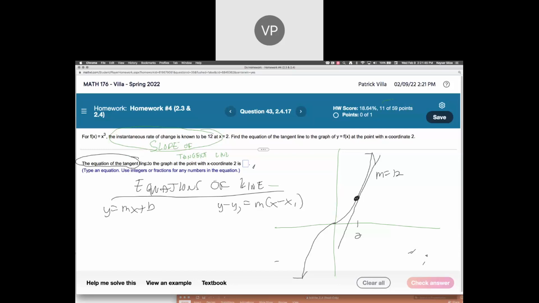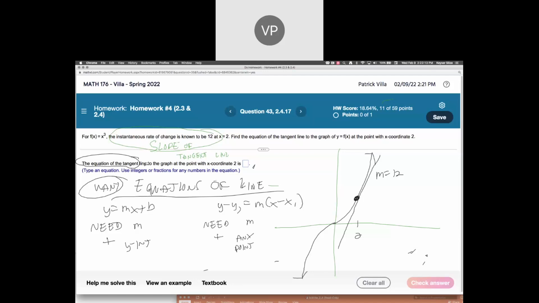So remember this. We want an equation of a line. In order to use this first one, we need the slope and we need the y-intercept. In order to use this other equation, we need the slope and any point.